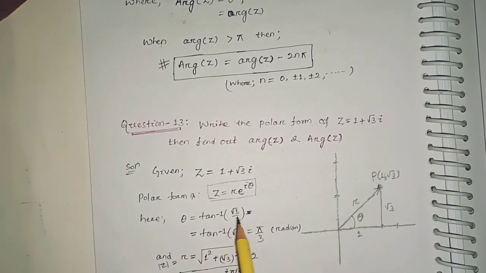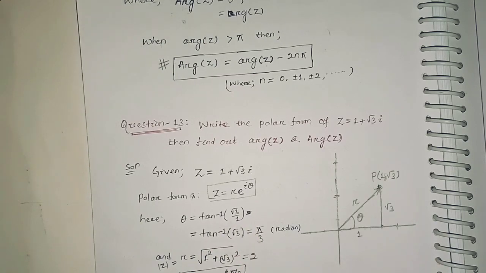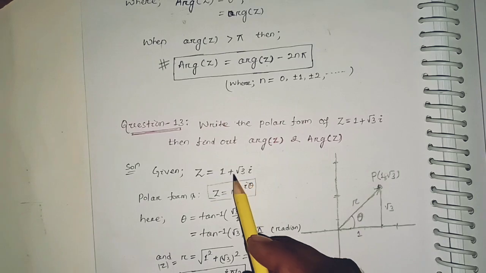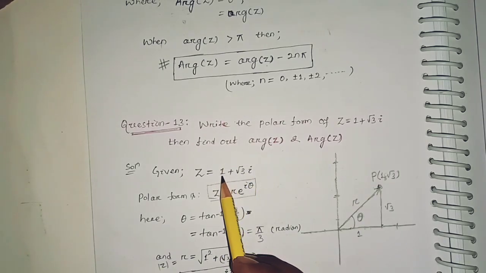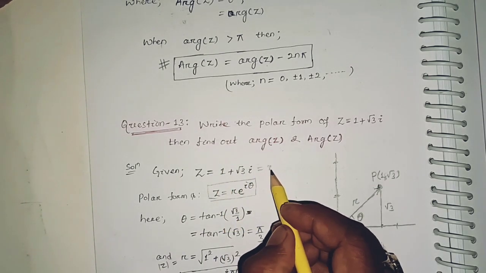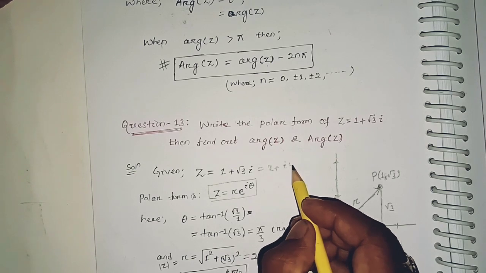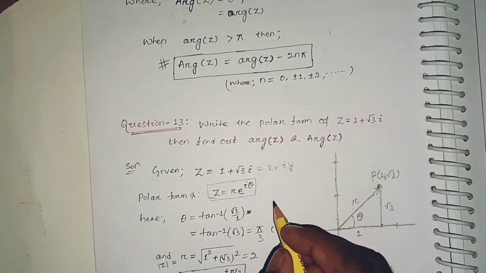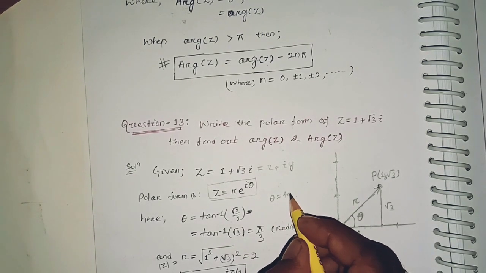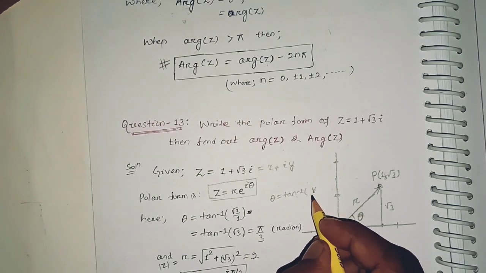Theta will be tan inverse of y by x. Here y means the imaginary part of the complex number, that is root 3, and x is the real part. This is in the form of x plus iy, right? Theta is nothing but tan inverse y by x.